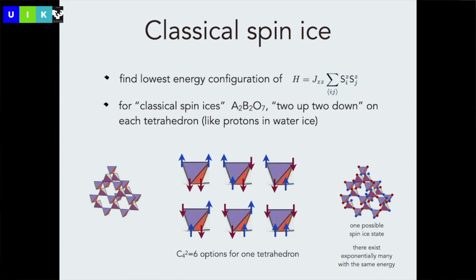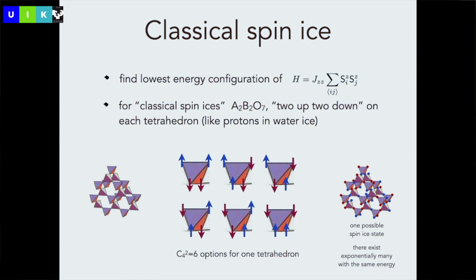So there's a correction because they're not entirely independent, but they're more or less independent, so that you have this extensive degeneracy. Okay, so you have an entropy which grows like the system size.